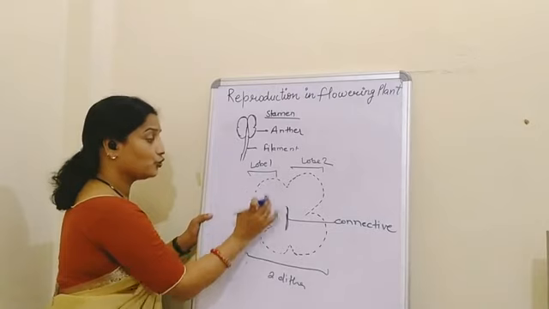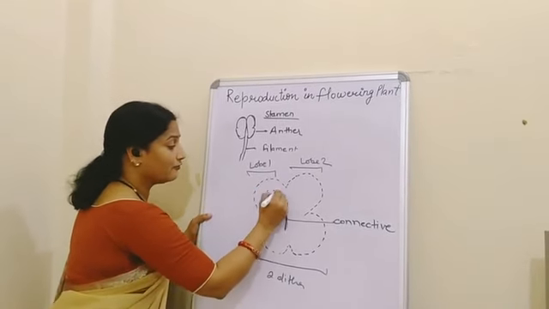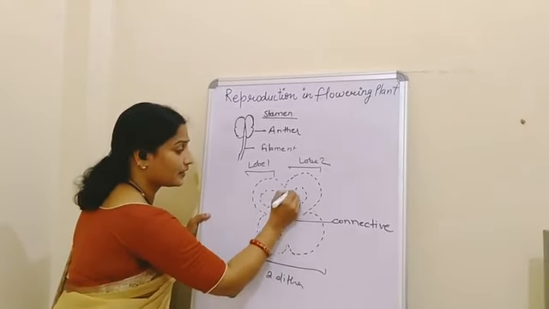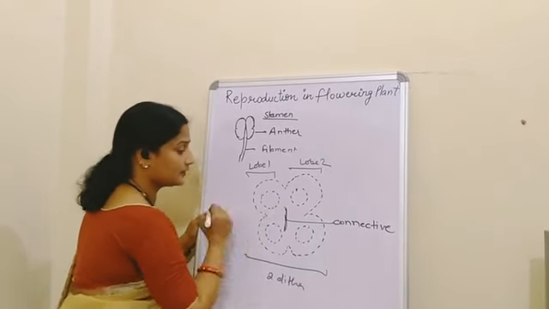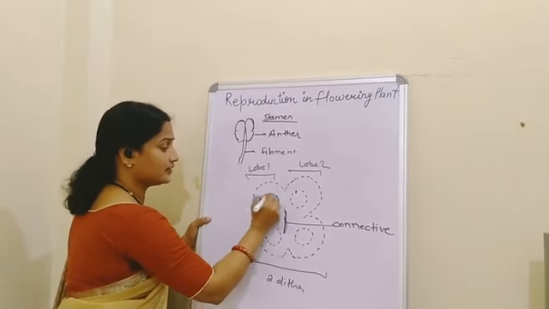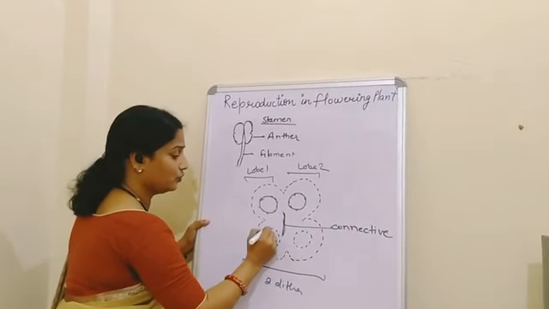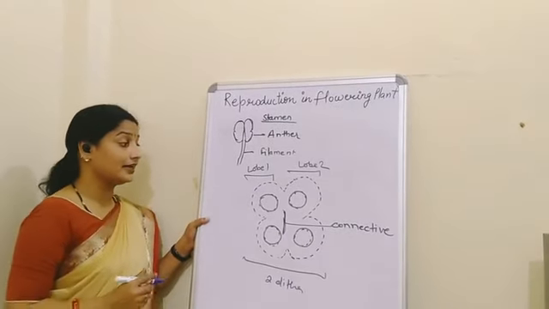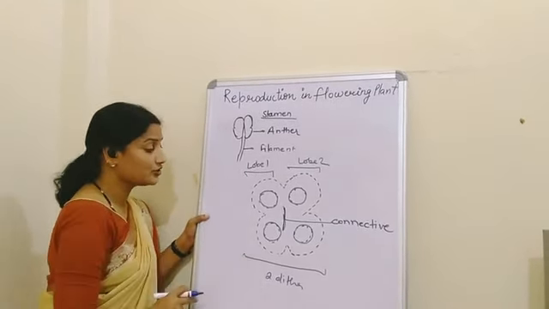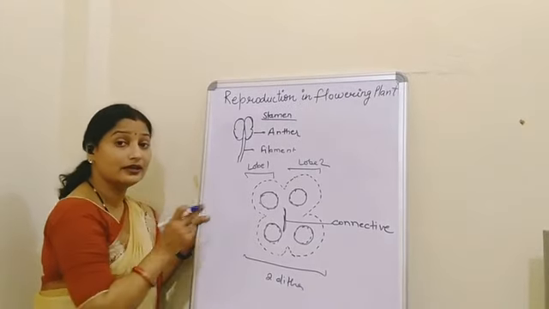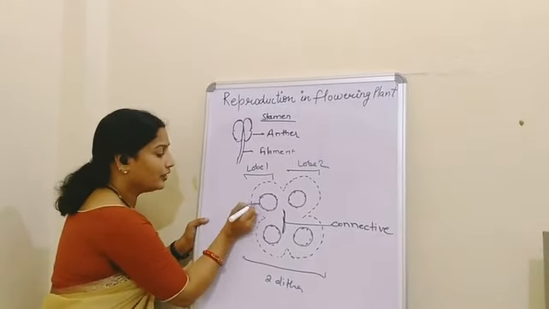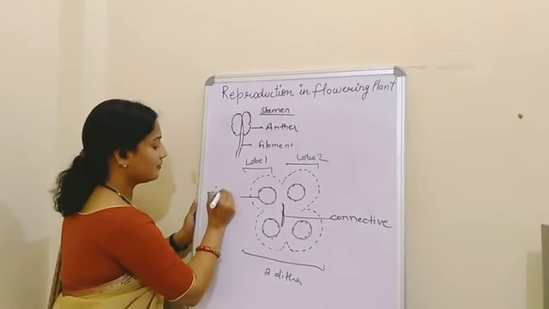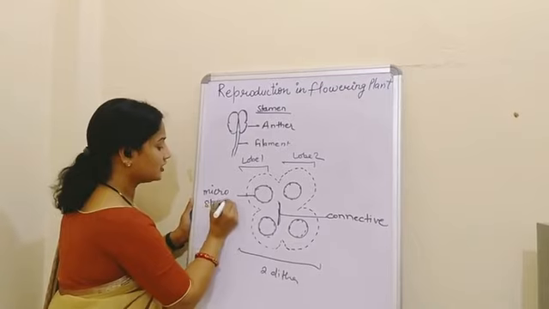Now the 2 lobes have 4 chambers of pollen sacs. See, I am drawing it here like this: 1, 2, 3 and 4. So we can say that each lobe consists of 2 pollen sacs. Now, pollen sacs, when they are young, are called microsporangia.